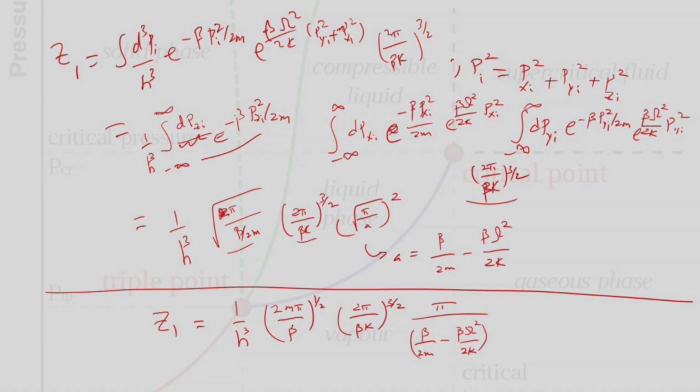Okay, so this is the answer for the partition function for one of the particles, and for n particles it's this raised to n. So this is the canonical partition function.